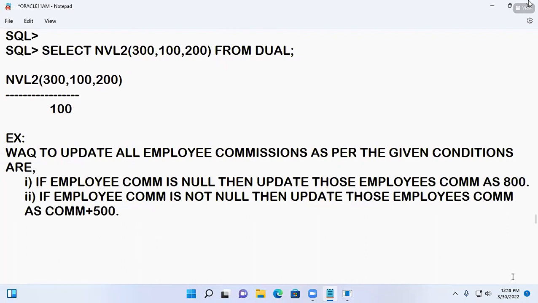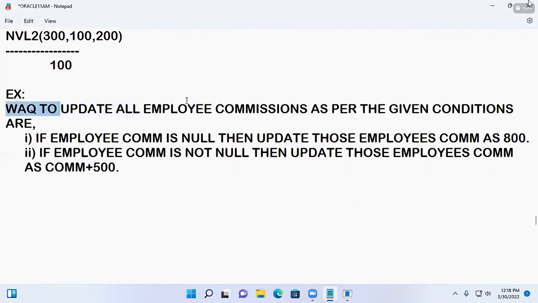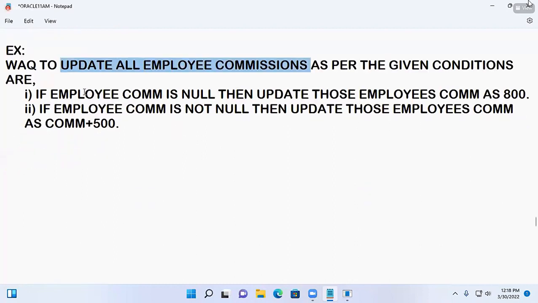Clear now? So what is my requirement here? I need to update all employee commissions as per the given conditions. First condition: if employee commission is null, I have to update those employees' commission with 800 rupees. If employee commission is not null, then update those employee commissions as commission plus 500. Is the question understood now?